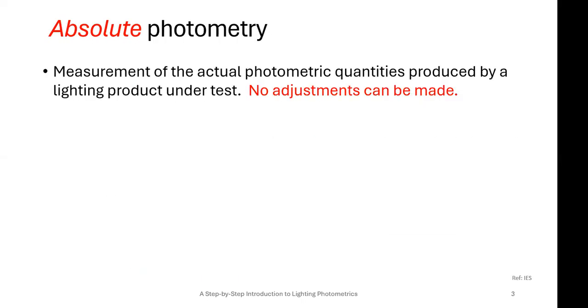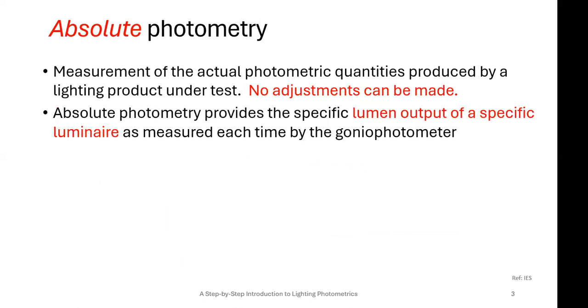Now, the difference is absolute photometry. When we think about that, we think about LED. So the entire luminaire goes onto the device to make those measurements. No adjustments can be made. So it is what it is. There's no scaling involved. So the luminaire output is specifically to that fixture or that luminaire.